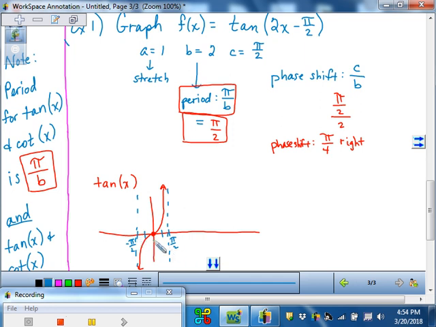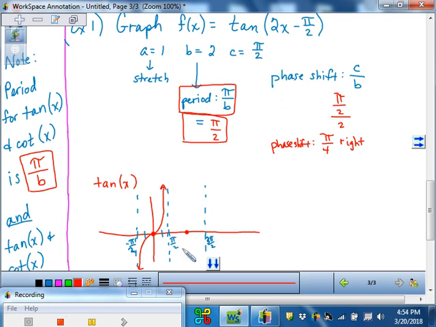Now notice how far apart these asymptotes are. They have a distance of pi between them. So if I go over another pi, in other words, if I go over to 3 pi over 2, I will have a repeat of that same graph.